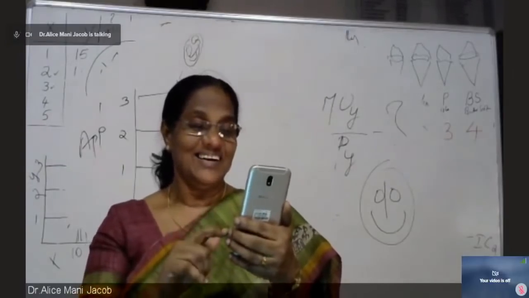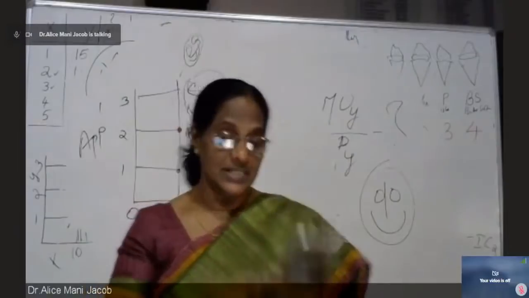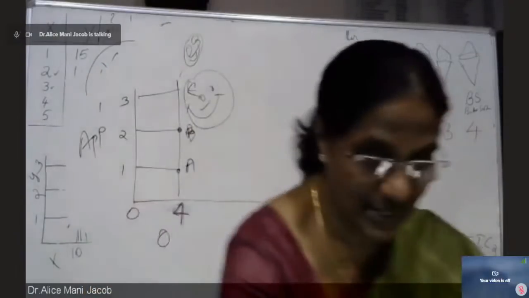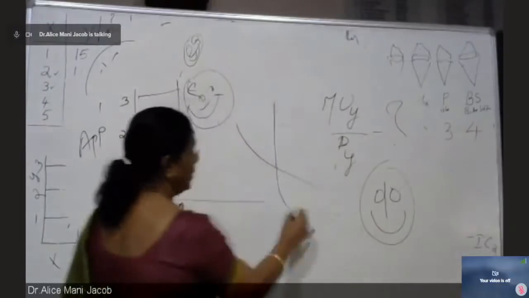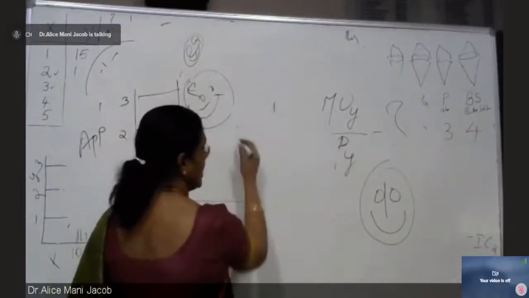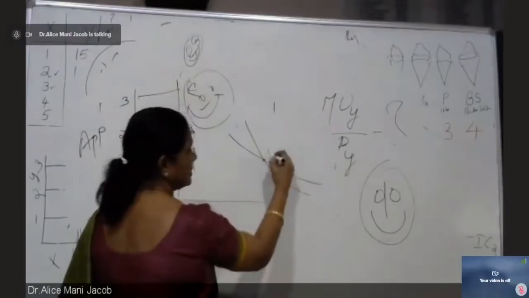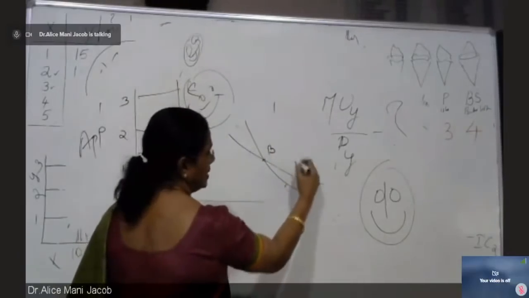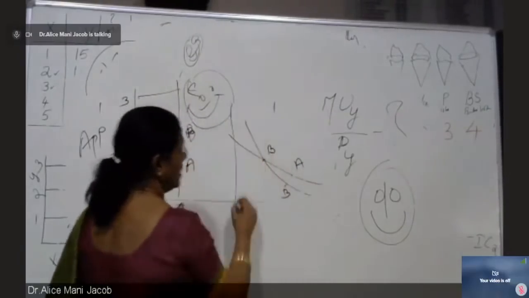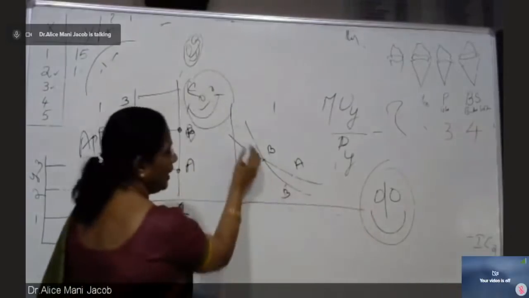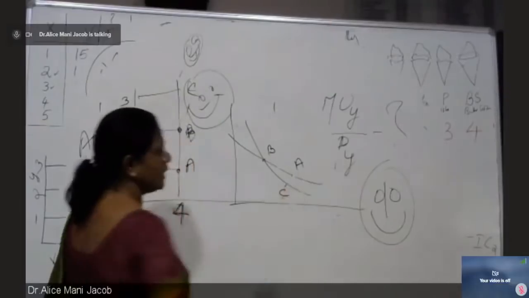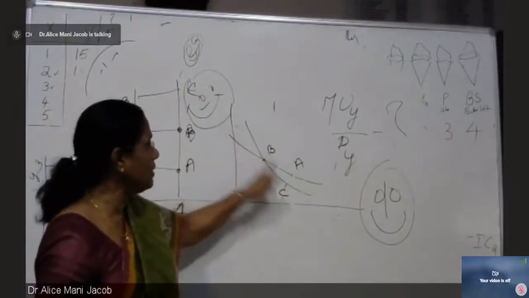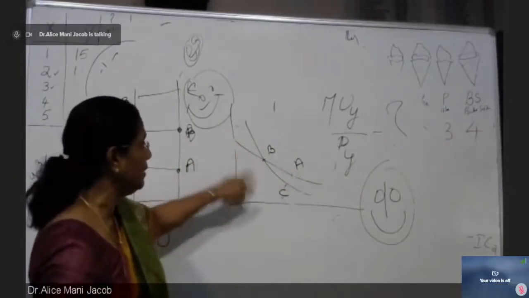Okay. Please explain why indifference curves do not intersect. Indifference curves do not intersect because if they intersect, A is equal to B and B is equal to C. A is equal to B because they are on the same indifference curve.